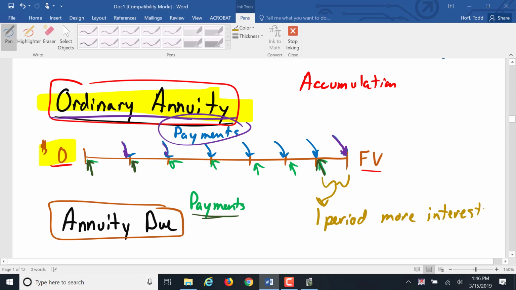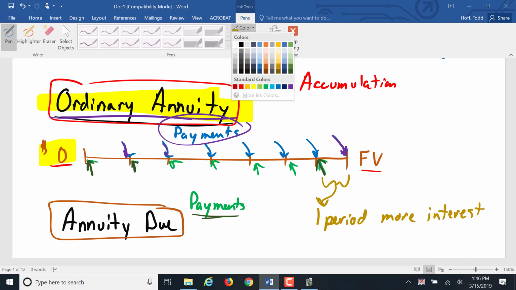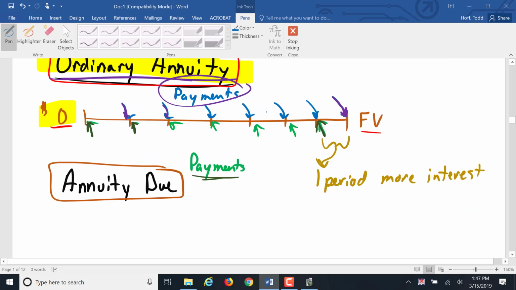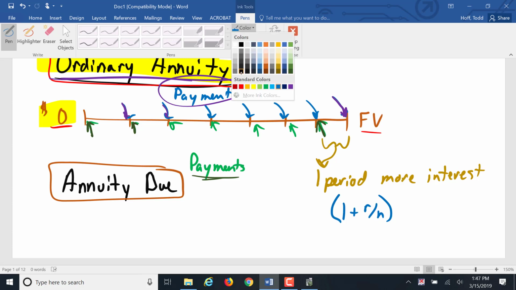If we're making payments in and we're looking for that future value, we have to adjust that future value by a factor for a single period's worth of interest. That single period's worth of interest is going to look like this: 1 plus r over n, where n is our number of periods in a year and r is our rate.